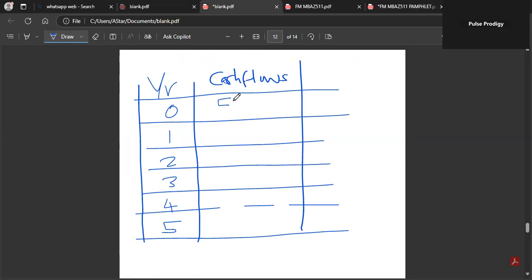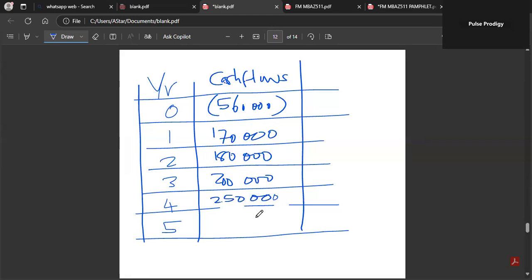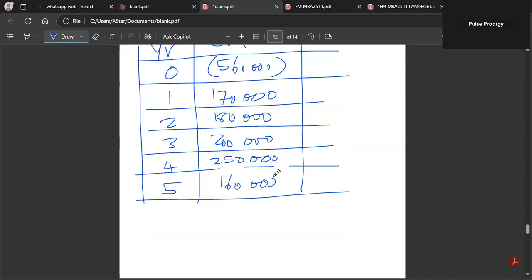So 560,000, you have 170,000 as a positive, 180,000. Then you have 200,000, 250,000, and 160,000. So what will be our payback period for this one?